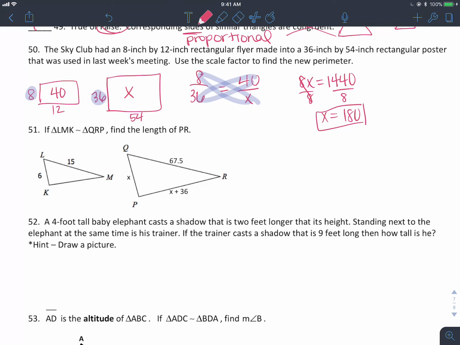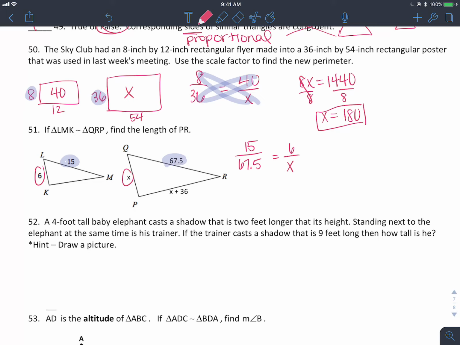All right, number 51, not as simple as number 50. We're going to start and create our proportion. The only corresponding sides that are both numbers are going to be 15 and our 67.5. So we're going to create our proportion out of that. 15 over 67.5, and the first thing we need to do is solve for x. We're going to have 6 and x. So 15 over 67.5 is equal to 6 over x.